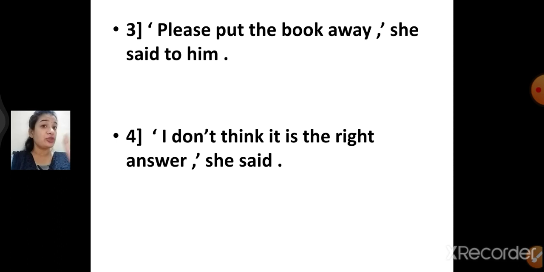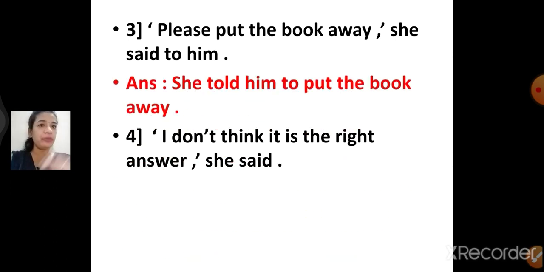So said will change into told. She told him. Said to will change into told. So she told him to put the book away. Let's see the answer. She told him to put the book away.